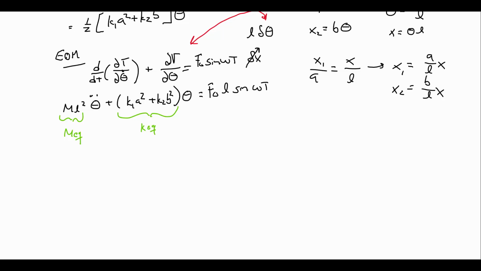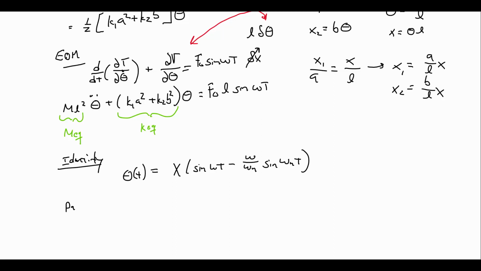When we identify, actually nothing changes at all because the main system is identical to what we had before. So we know that theta of t, the only thing that changes is the variable we're using now, theta of t is going to be x sine omega t minus omega over omega n sine omega n t. And now we would calculate our parameters, just like we did the first time we went through this.